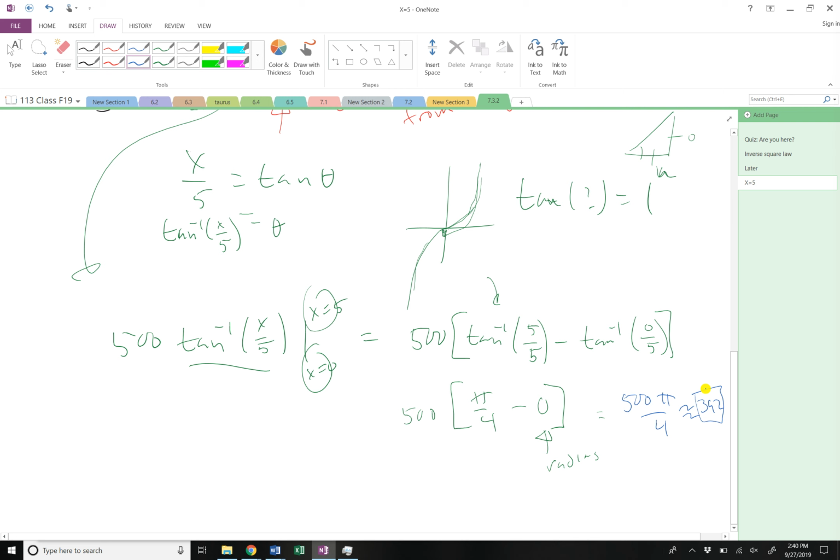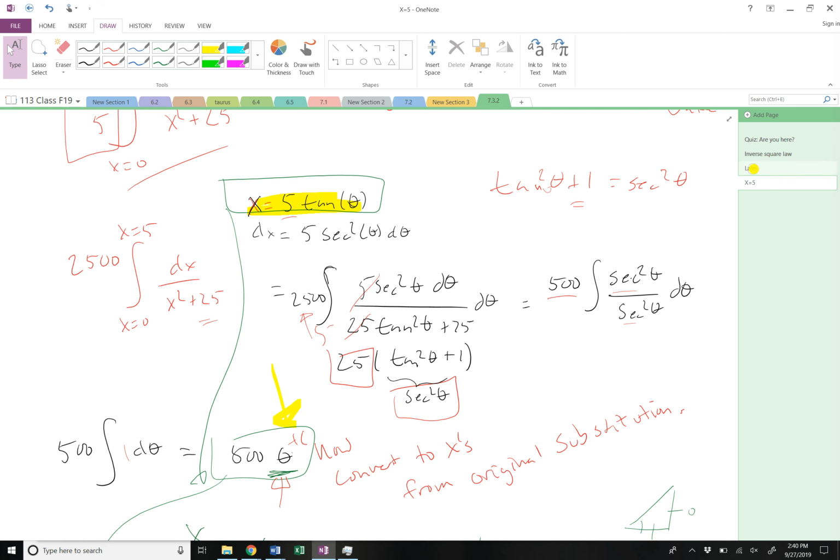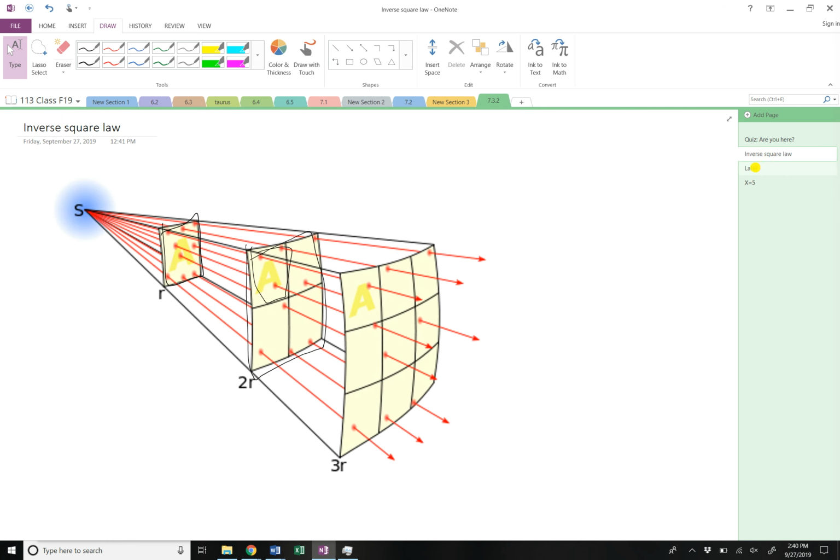Last time at x equals 5, I was at 500. I had to change my k. But what happens if I'm at x equals 6? In this case, which is the same place as x equals 5 in the last situation. What's my light intensity?